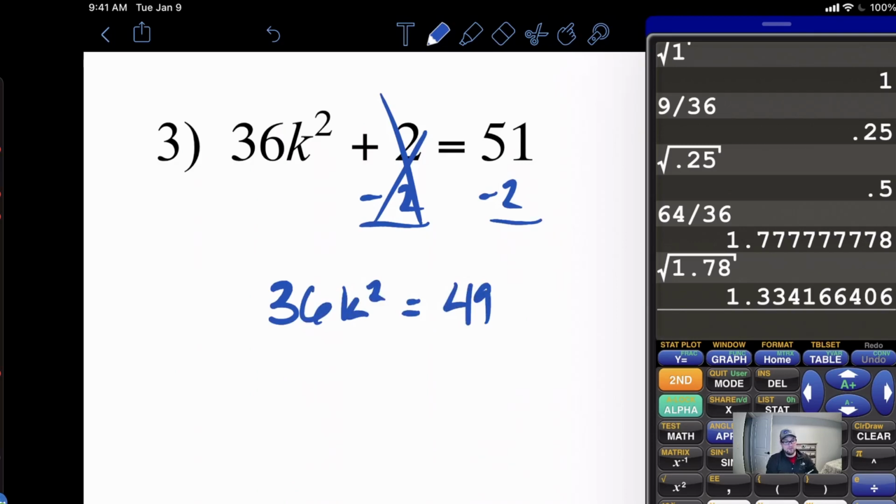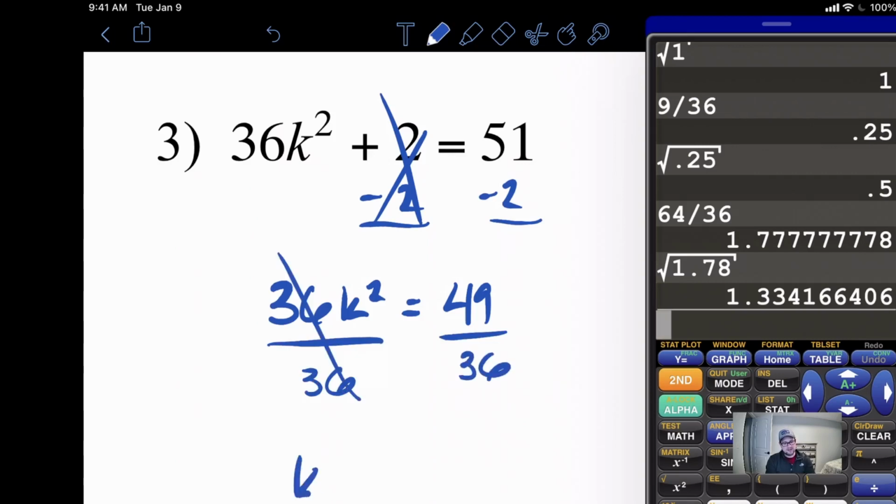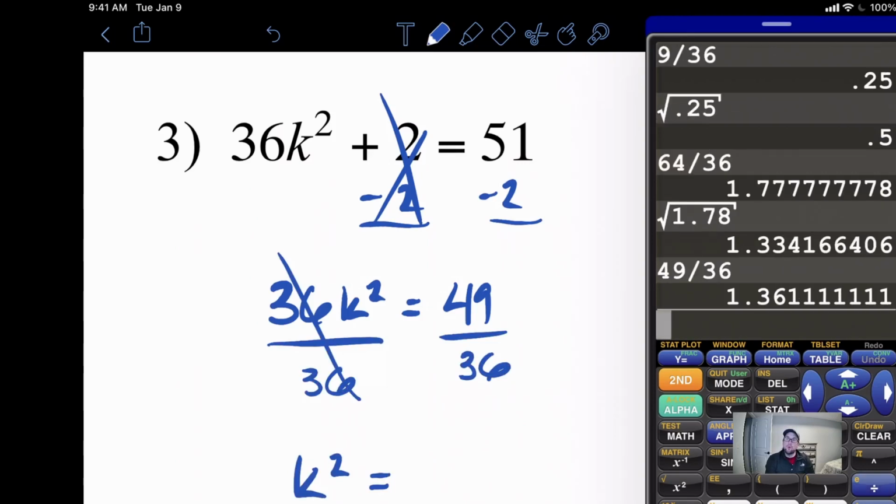Now, as we move along, we want to get k squared alone, so we're going to divide by 36 and divide by 36, and that's going to leave us with k squared. 49 divided by 36 is 1.361111. Now, that 1 is not big enough to round it up, so we're just going to call it 1.36.